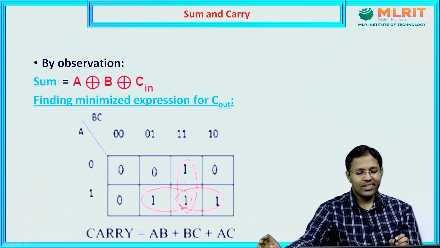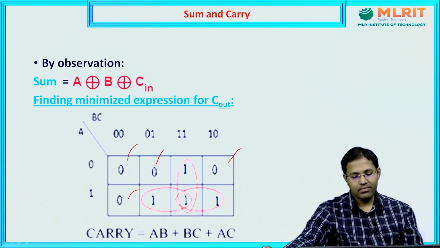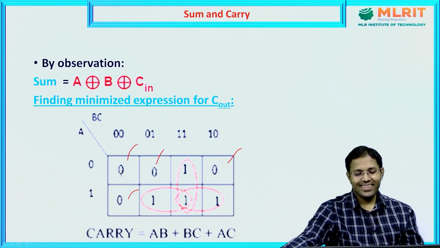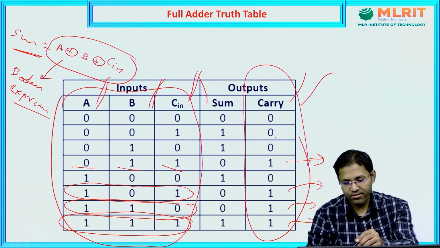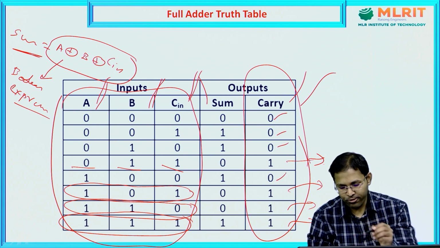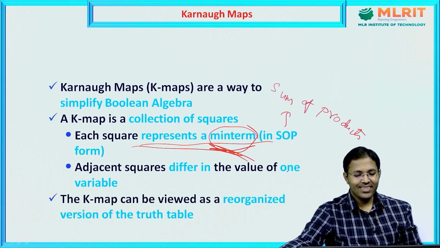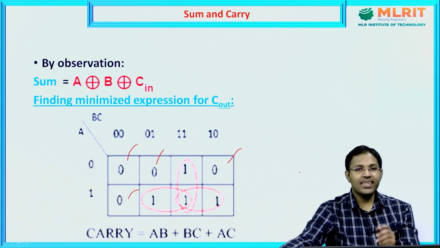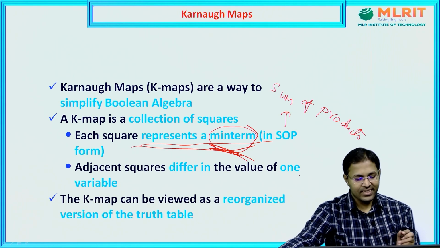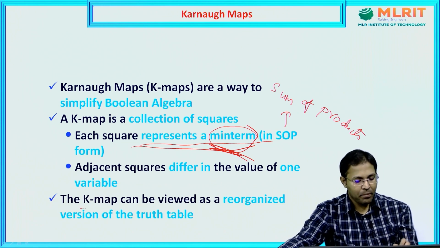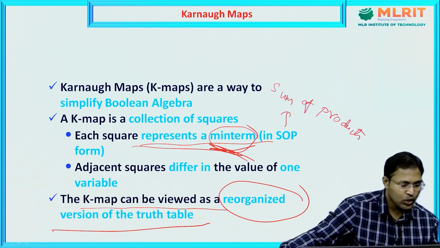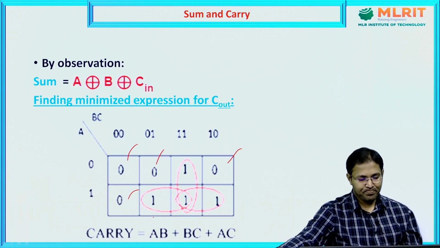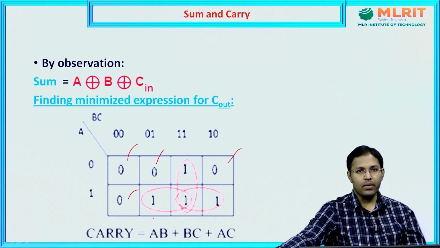Obviously the rest you can put zeros: 4 zeros and 4 ones. This is what the table consists of. The table consisting of 4 zeros and 4 ones we have written in this manner. That is the reason it is mentioned that the K-map can be viewed as a reorganized version of the truth table. Now what we need to do is go for mapping.